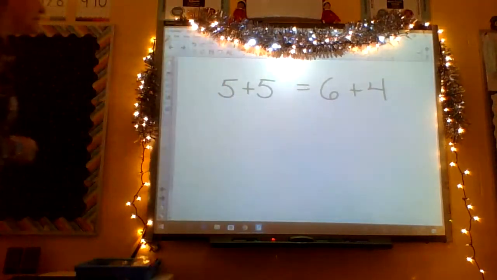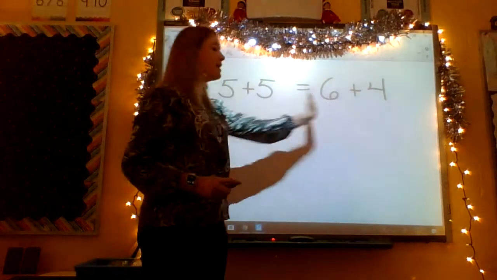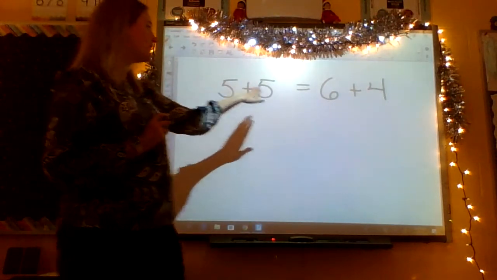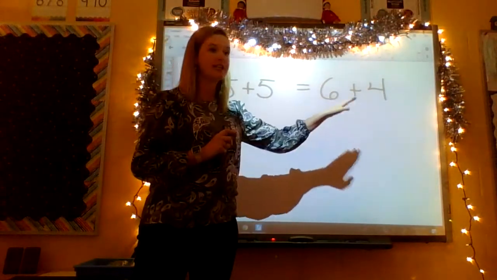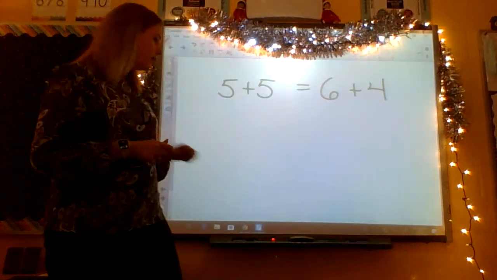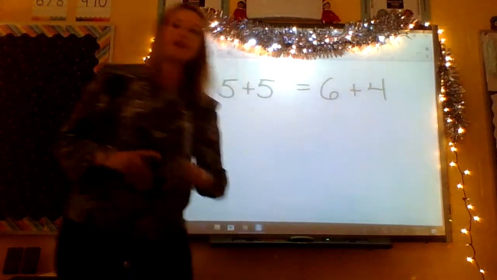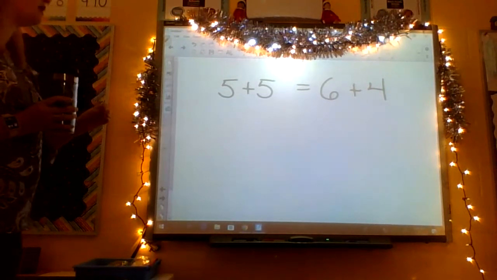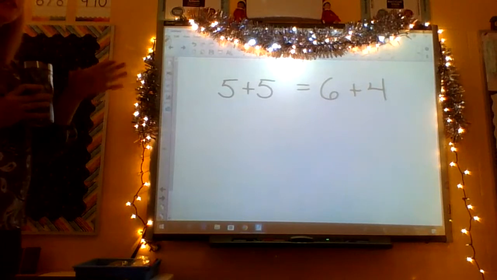All right, so let's solve this one. Go ahead and write this number sentence down. This is 5 plus 5 equals 6 plus 4. So I want you to write this number sentence down. 5 plus 5 equals 6 plus 4.